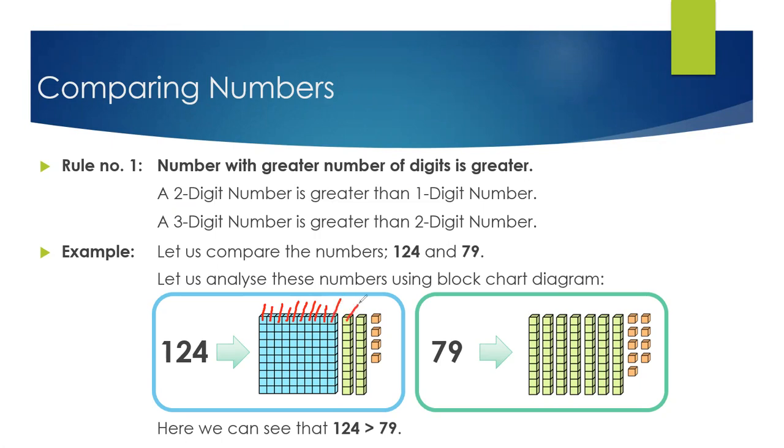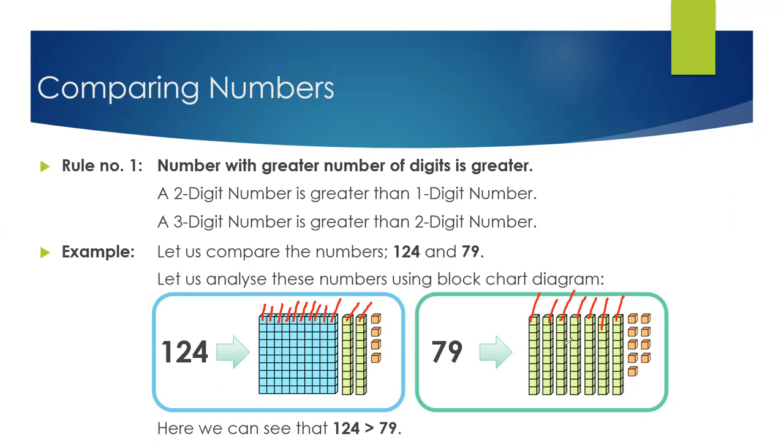Here is the 11th ten, and here is the 12th ten. Here we have only seven tens: one, two, three, four, five, six, and seven. As we have 12 tens here, out of which 10 tens form 100, 12 tens is certainly greater than 7 tens.